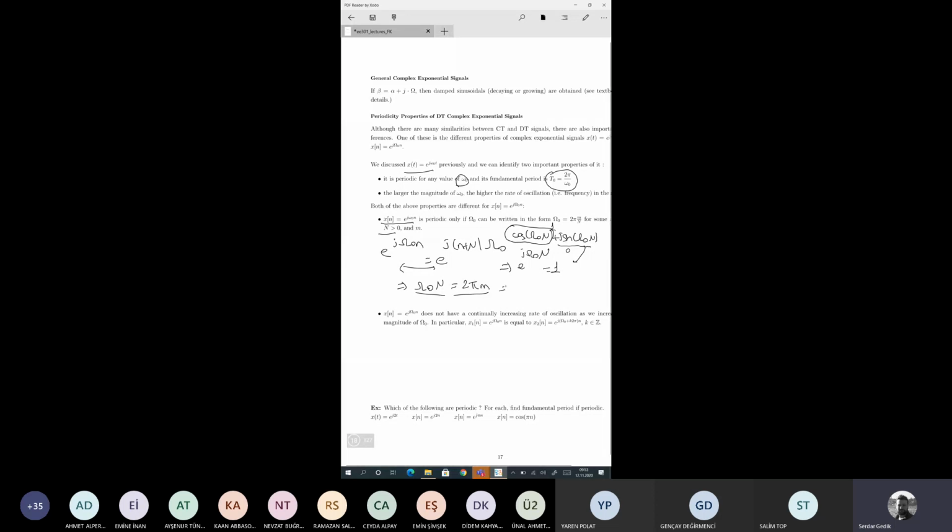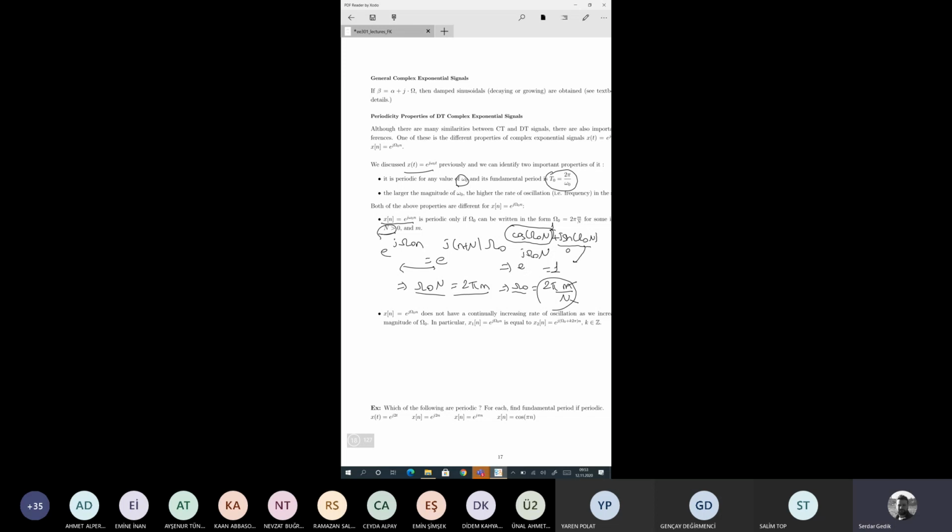So this tells me that omega 0 must be written in the form of 2 pi times m over capital N. So if you can write the frequency omega 0 in this form, with both m and N integers and N more than 0, then you can say that capital N is your period.